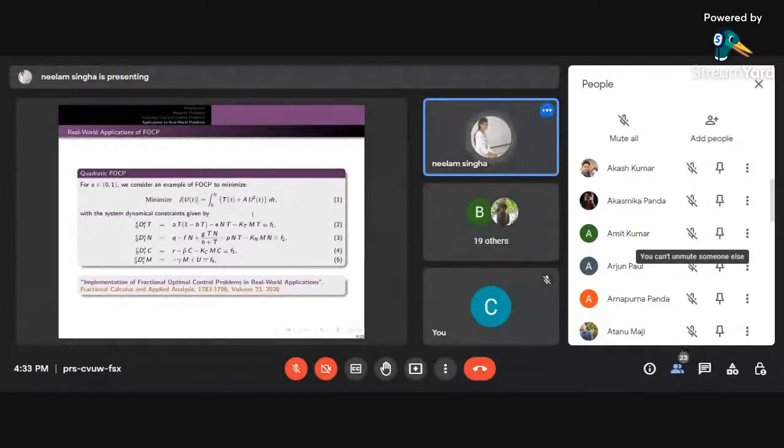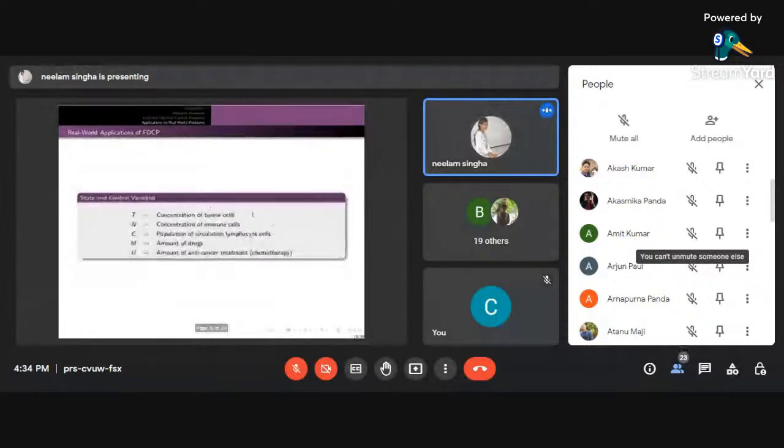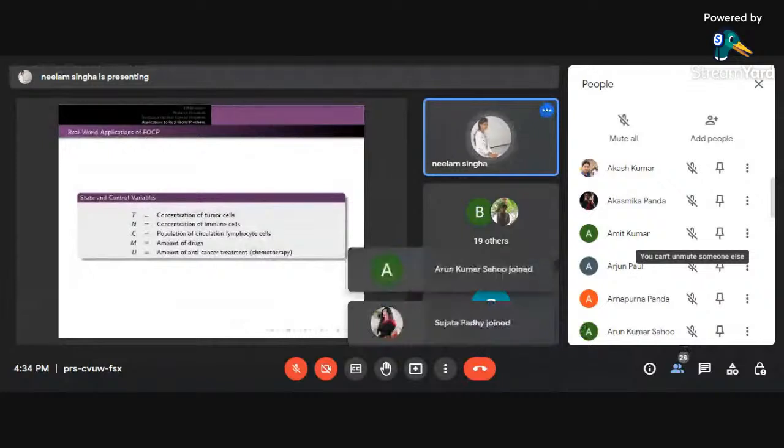This model may look complicated, but if we try to understand, this is just an optimal control problem, and with these constraints, I want to minimize the functional. Here, there are notations involved. In this model, T denotes the concentration of tumor cells, N is the concentration of immune cells, C is the population of circulating lymphocytes, M is the amount of drugs, and U is the amount of anti-cancer treatment.